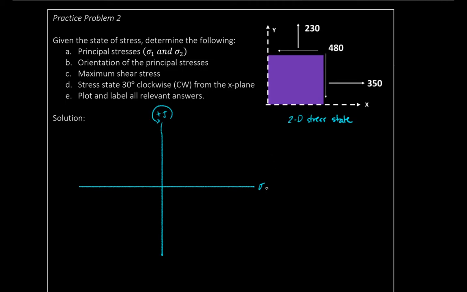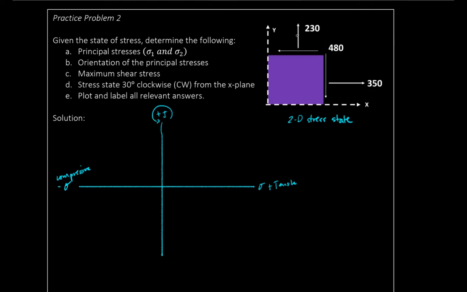So we have a tensile stress again, like the previous example. If it's a tensile stress, then we give it a positive value, and for compressive, we give it a negative value.